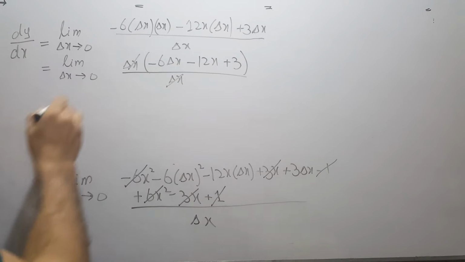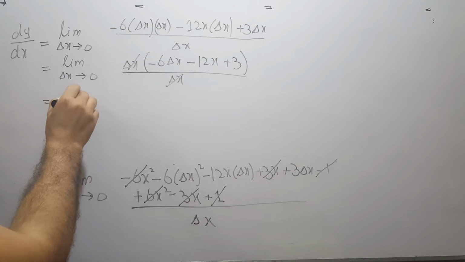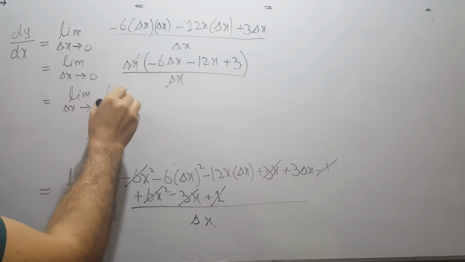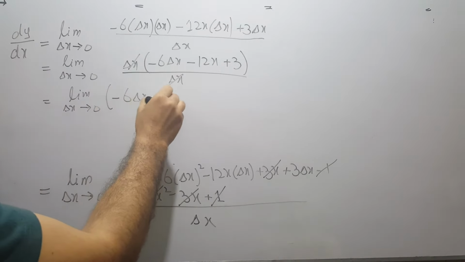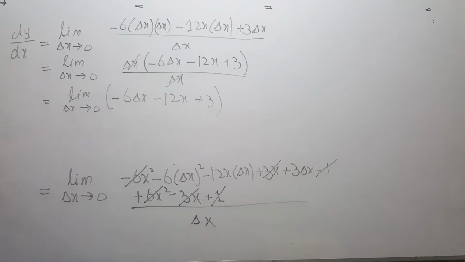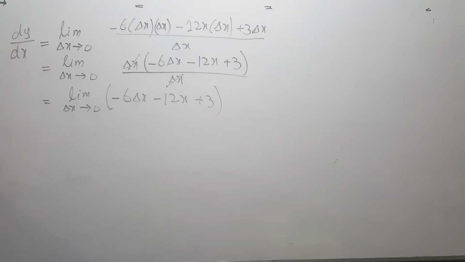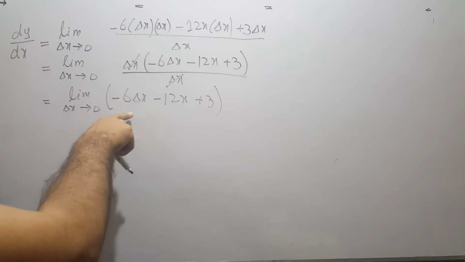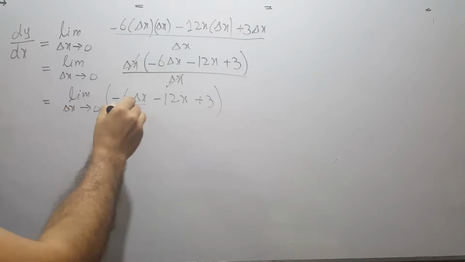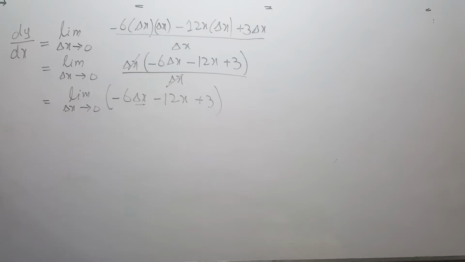So this will cancel this one, and then limit delta x approaches 0, minus 6 delta x minus 12x plus 3. Now if you apply the limit, it can be applied only on this term, because the limit is delta x approaches to 0. So it will be only on this term.